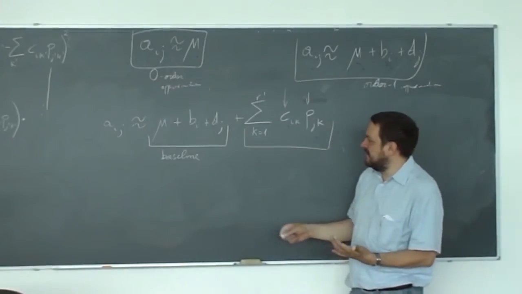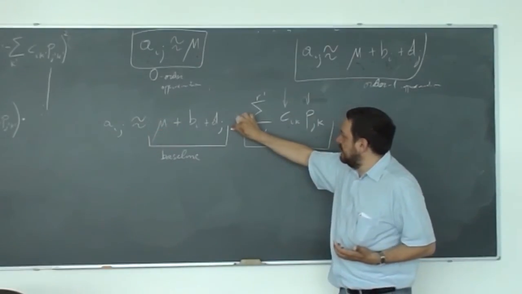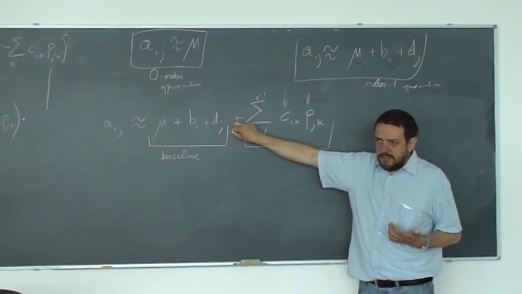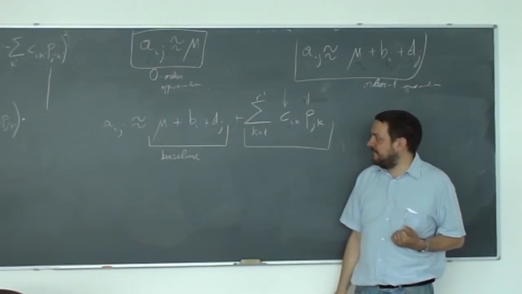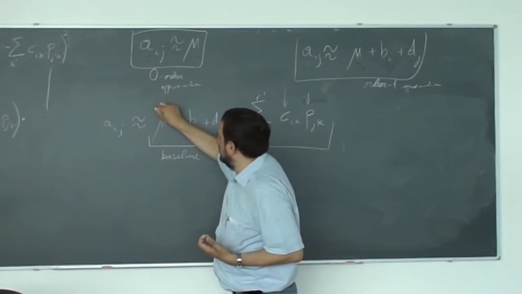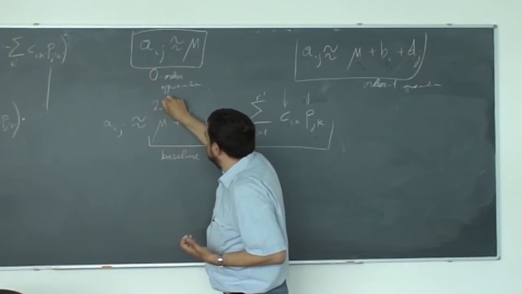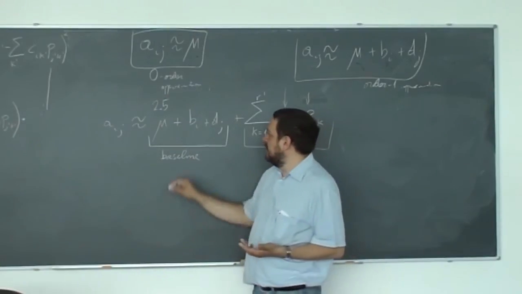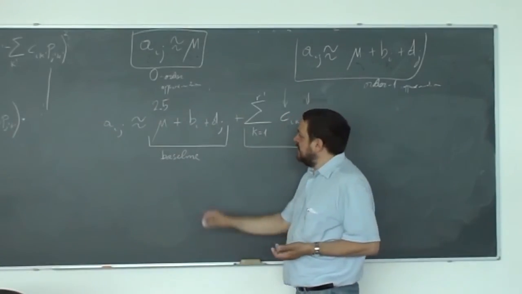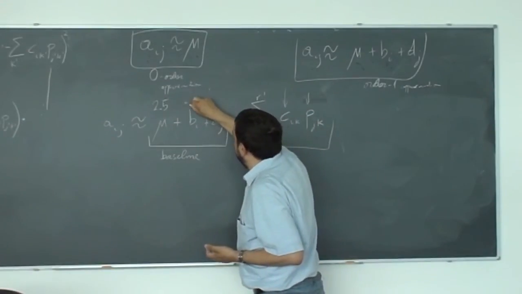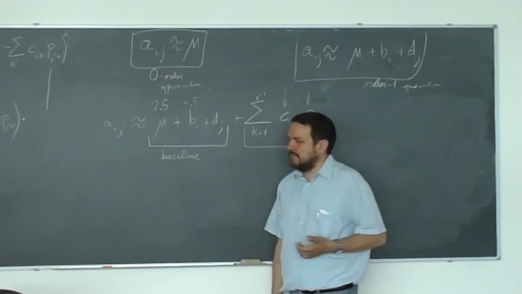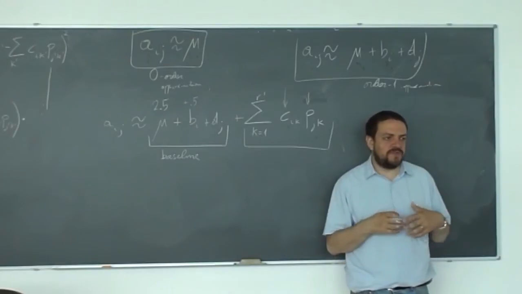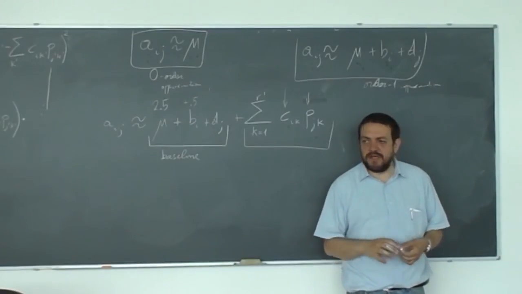See, the idea is that the rough approximation lies here. If the average vote is 2.5, user i tends to give, on the average, half a vote more with respect to the average.